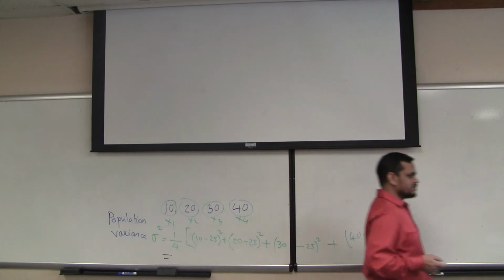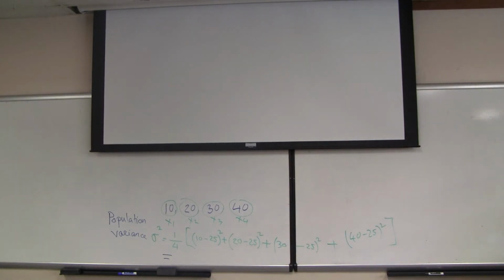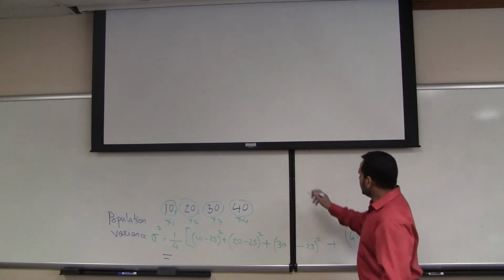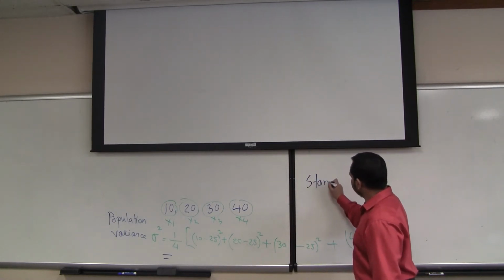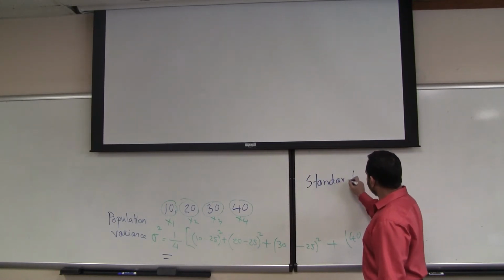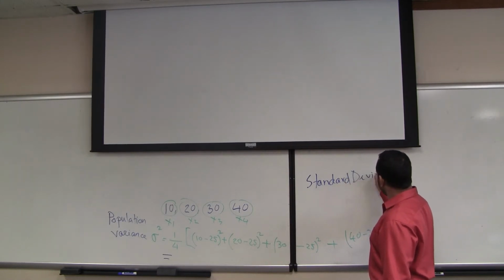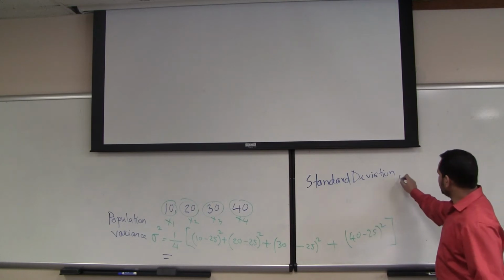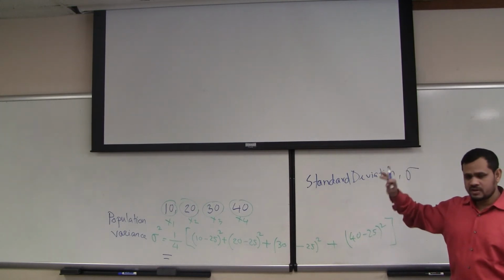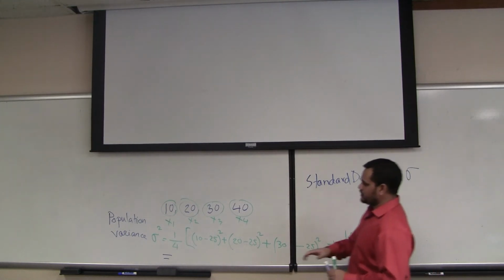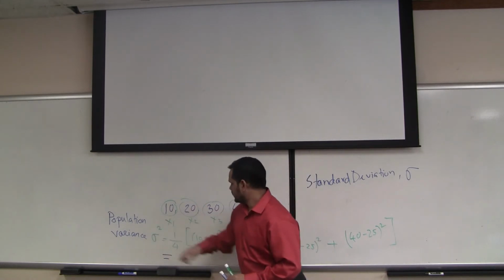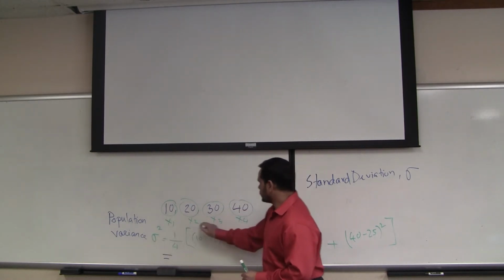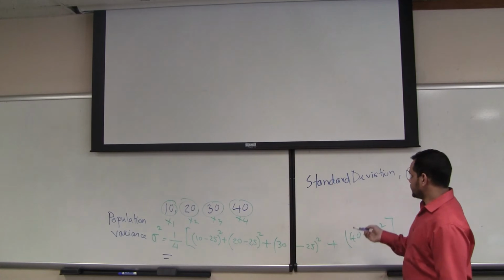Now what is my next topic? My next topic is standard deviation. What is this? Standard deviation is simply sigma. That means whatever I determined, if I do not use square here and use a square root here, that is the standard deviation.